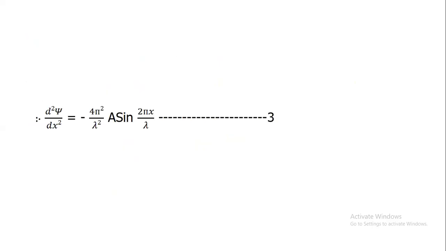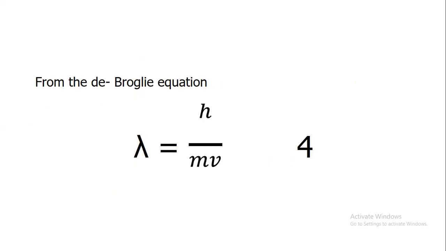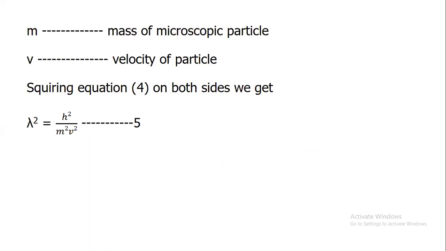So we get d²ψ/dx² = −(4π²/λ²)ψ, since ψ is A sin(2πx/λ). From the de Broglie equation, λ = h/mv, where m is the mass of the microscopic particle and v is the velocity of the particle.